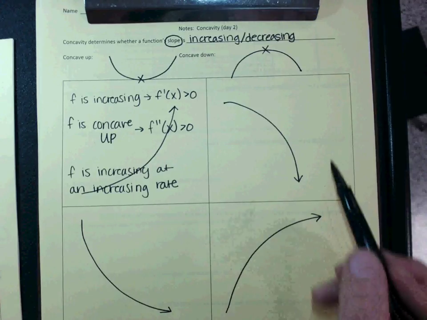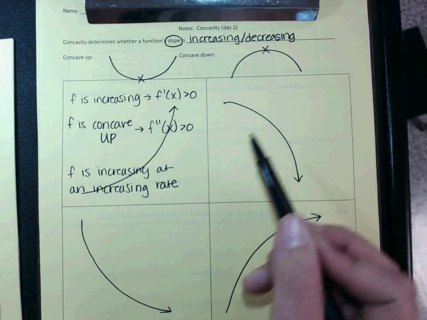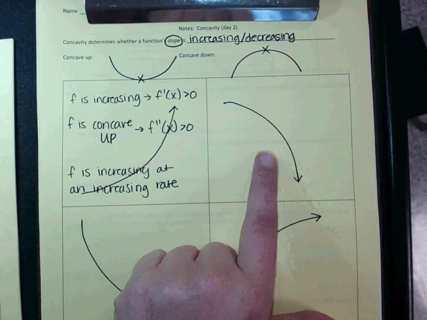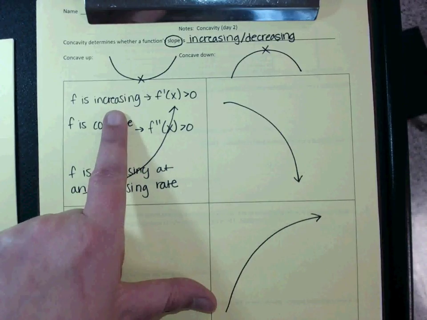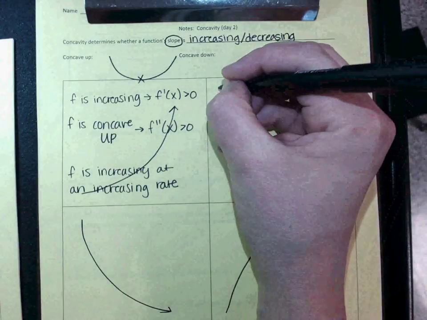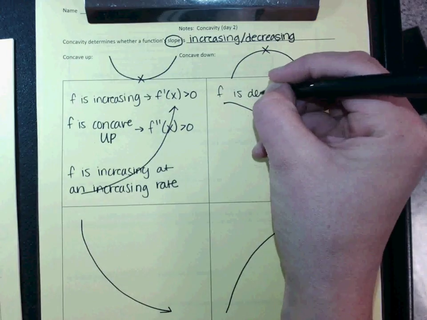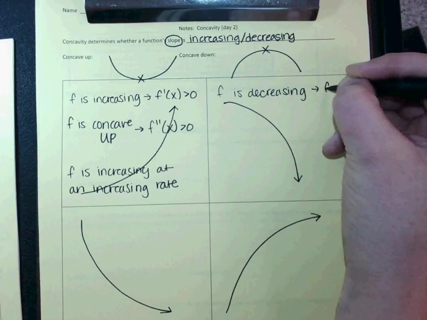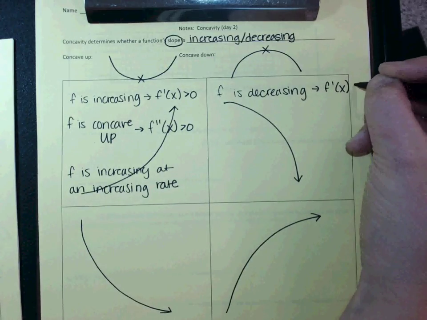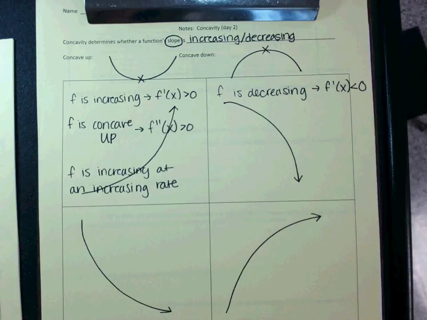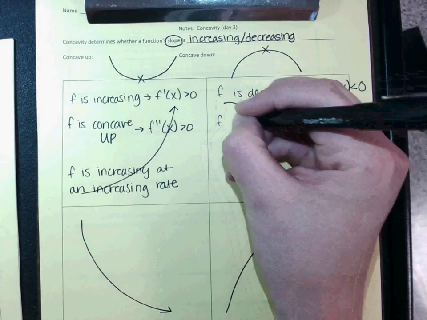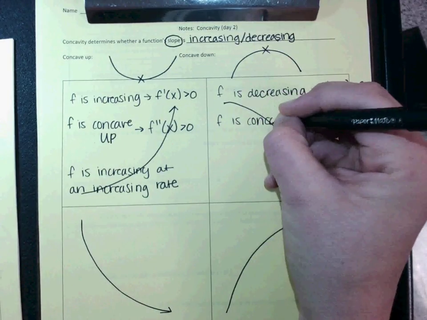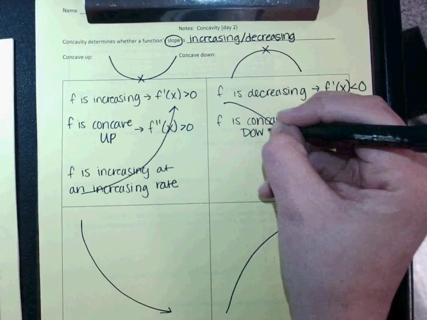Now let's jump over here to this one. What would we say about f for this graph right next to it? What is f doing? Is it increasing? It's decreasing. So f is decreasing. And what does that tell us about f prime? Less than 0. Because remember, f prime tells you about the slope, so if f is decreasing, its slope is negative. Now let's talk about concavity. f is concave down.